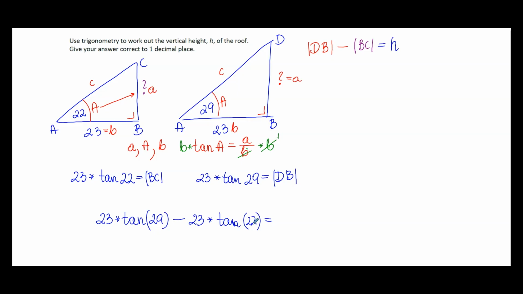We can put all of that in our calculator, press equal, and to one decimal place we get 3.5. That is that tiny part, 3.5 meters. But it works both ways. Do the partial calculation and then substitute them in here, you should get the same value, or do it in one go. Both of them are correct.